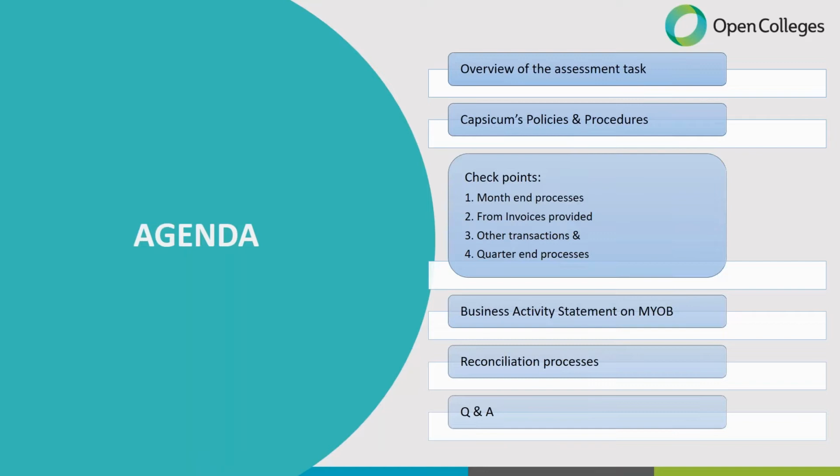You will see at the end of the assessment there are 10 or 11 invoices from a telephone company, from a motor vehicle company, and so on. All the invoices have been entered in the MYOB, but somehow incorrectly. So we need to check all the invoices one by one, find the errors and correct them before we lodge the BAS statement.